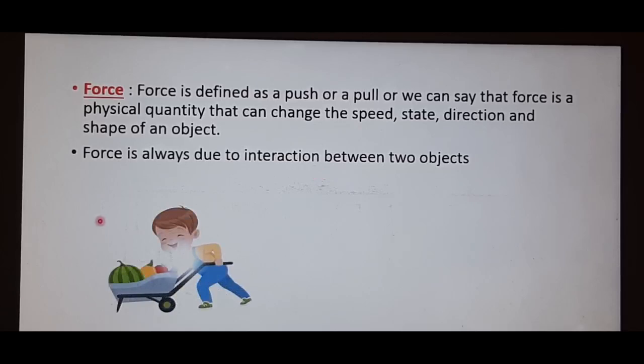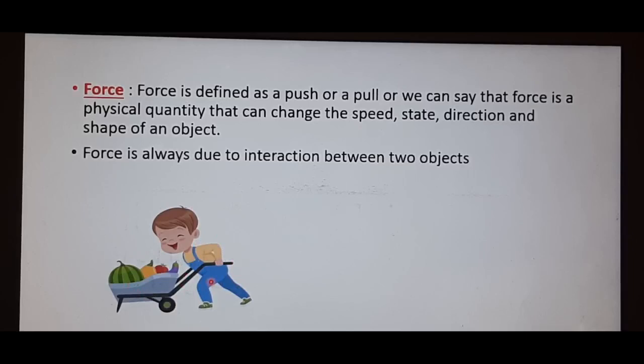So how? See, look at this figure. Here you can see this boy is trying to push this cart. He is pushing this cart with the help of his hands. So here we can see his hands are interacting with this cart.